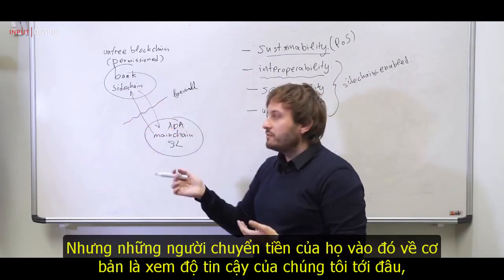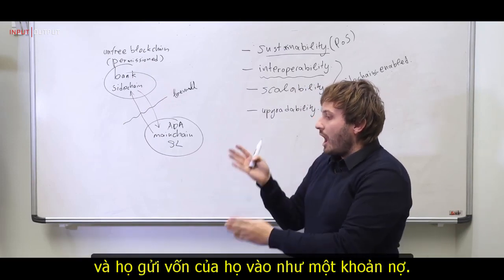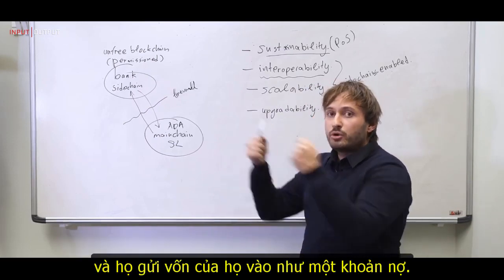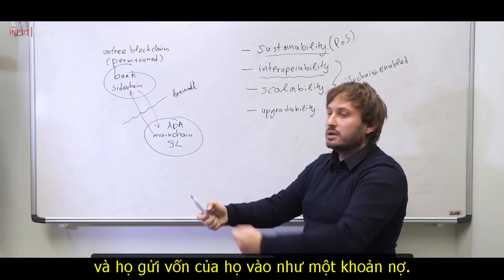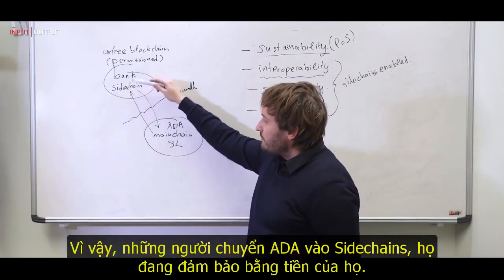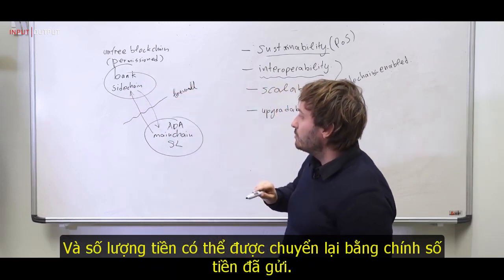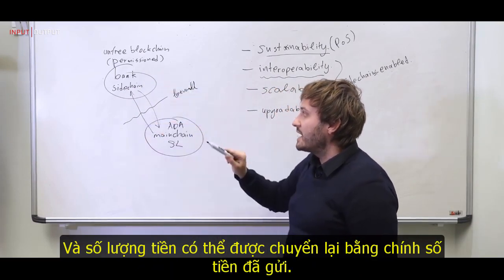But the people that move their ADA into it are essentially saying how much liable we are, and they're putting their capital as liability. And so the people that move the ADA into the sidechain, they're vouching with their money, and then the amount of money that can be moved back is exactly the same.